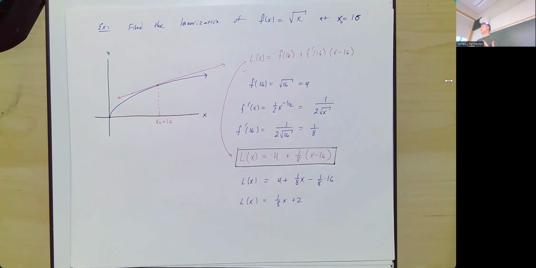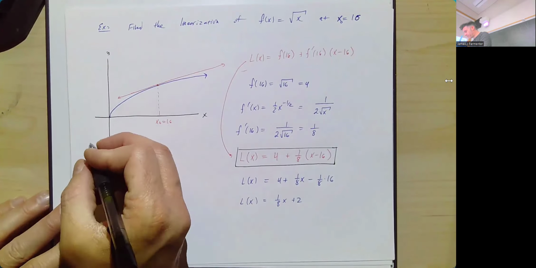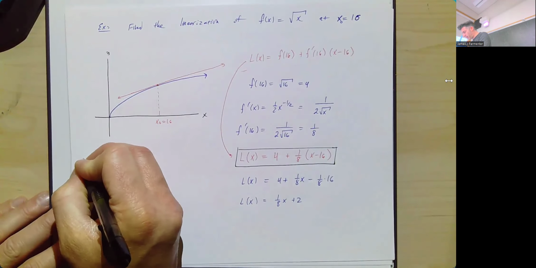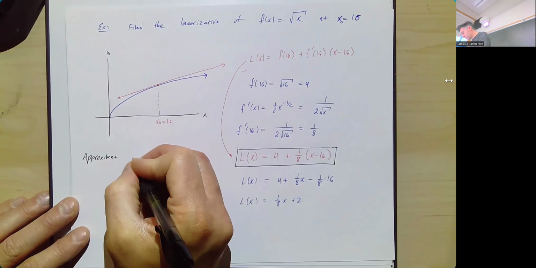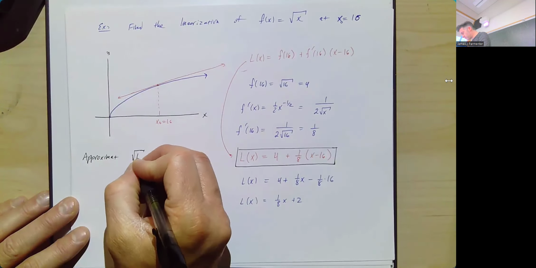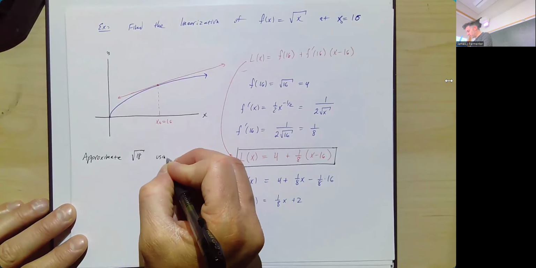The reason it's not particularly useful most of the time is that often they're going to ask you to use this linearization to approximate a value of the function that's close to the point of tangency. For example, I could say, I want you to approximate the square root of 18 using this linearization.